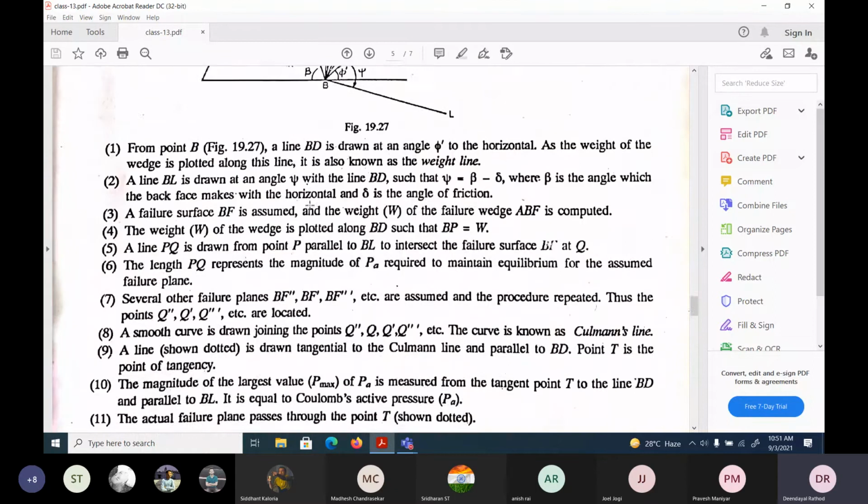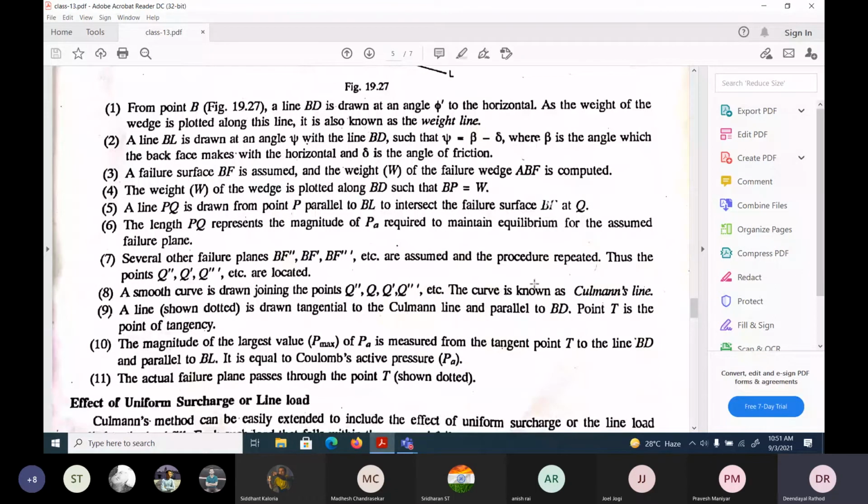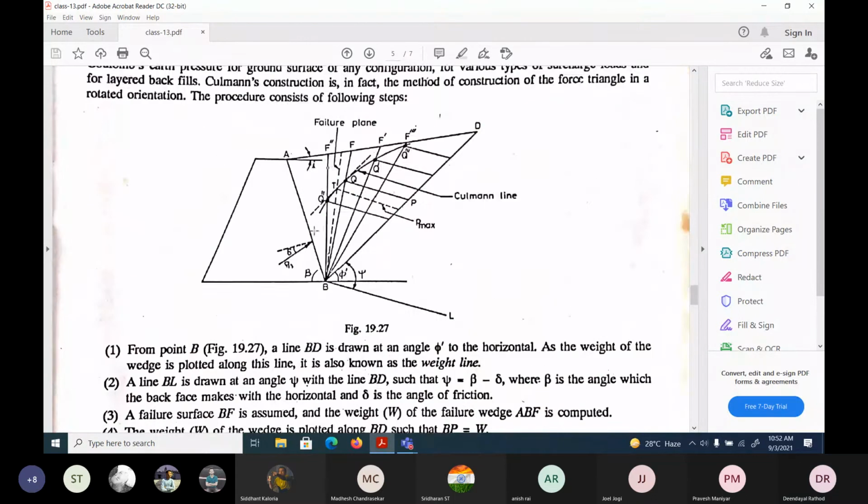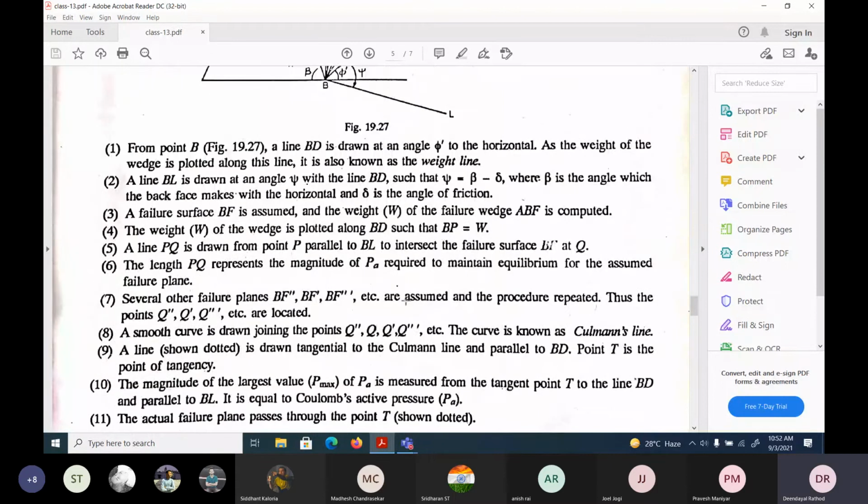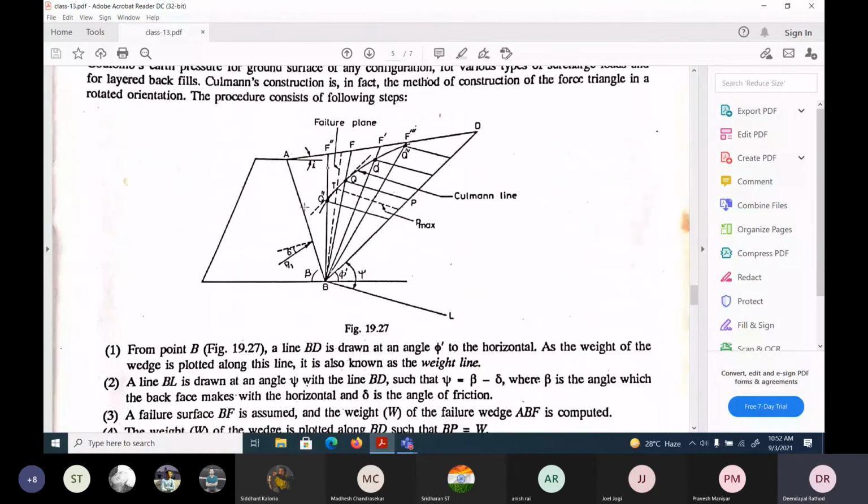Then a smooth curve is drawn joining these points, and that particular curve is known as the Culmann's line.